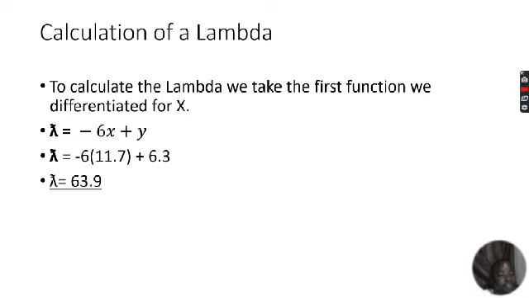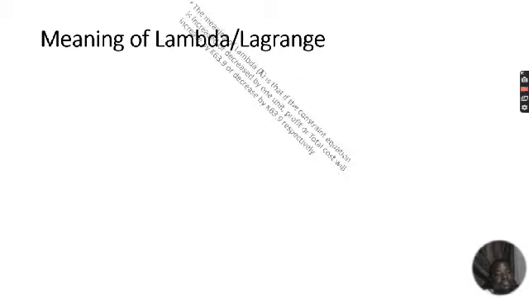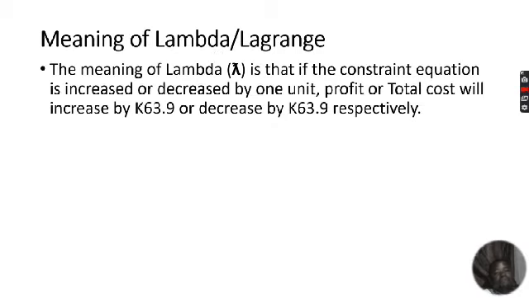Okay, now that we have calculated the value of lambda, let's understand the meaning of lambda. What is the meaning of lambda, or the meaning of this Lagrange multiplier? The meaning of lambda is that if the constant in the constraint equation is increased or decreased by 1 unit, profit or total cost will increase by 63.9 or decrease by 63.9.